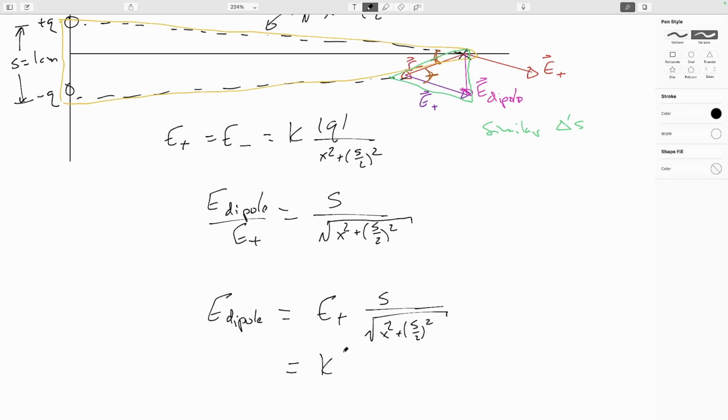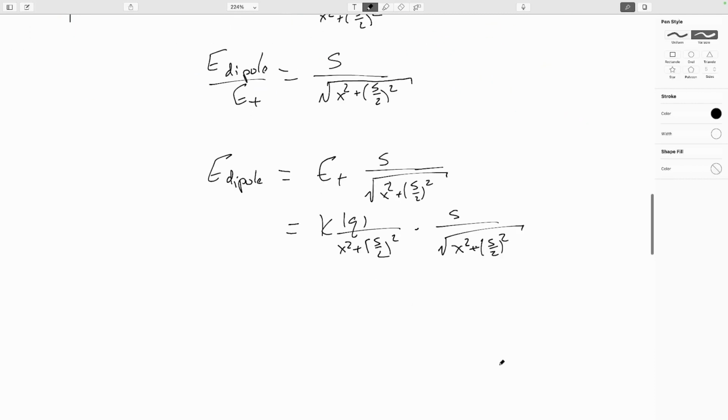So this will be KQ over x squared plus (S over 2) squared, times another S over the square root of x squared plus (S over 2) squared. Since the square root is the same thing as raising something to the 1/2 power, you can rearrange this to be KQ times S over (x squared plus (S over 2) squared) raised to the 3/2 power.